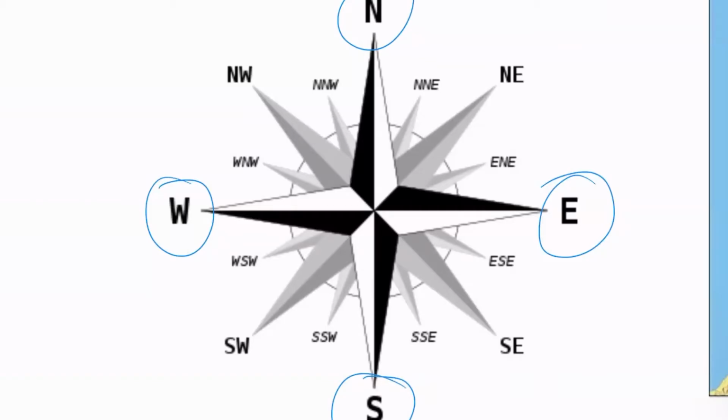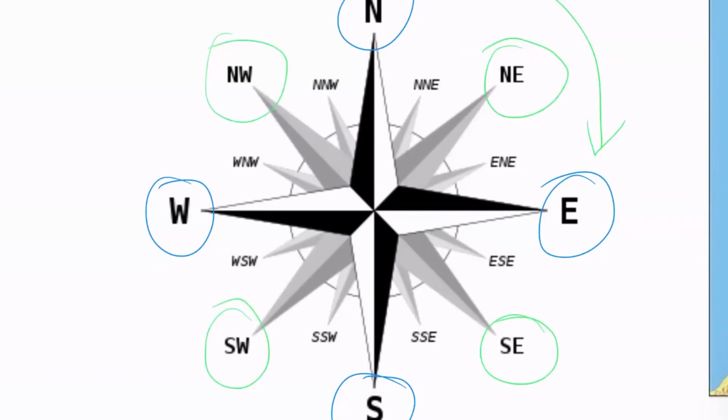And the points that are located between the cardinal points, like northeast, southeast, southwest, and northwest, we call those intercardinal points. If you think about it, the word inter means between. And so when we say intercardinal, we're talking about between the cardinal points. So again, the cardinal points are north, east, west, and south. All of the points in the middle between those cardinal points are called intercardinal.